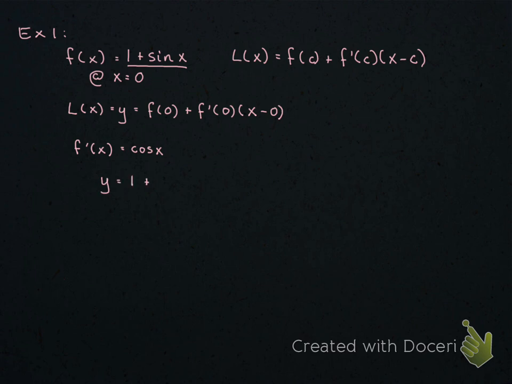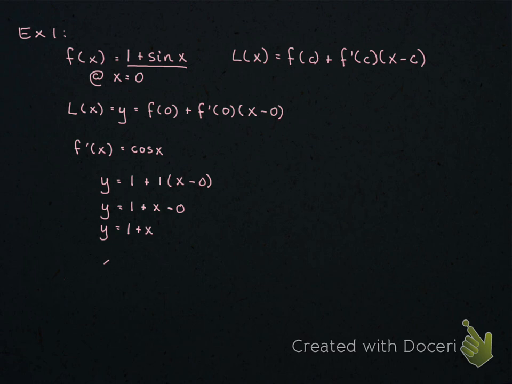Now, f prime of 0, when you plug a 0 into cosine of x, cosine of 0 is 1, and then we're multiplying that by x minus 0. So y equals 1 plus x minus 0, or y is equal to 1 plus x.